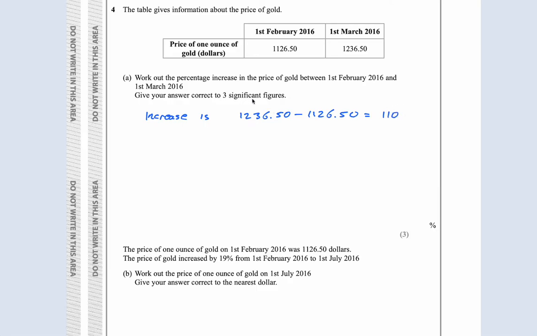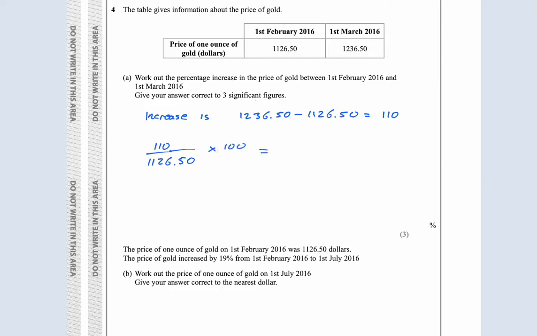But he wants the percentage increase. So I need to get this increase, this 110, divide it by the original, which is 1126.50. This was the original. Times it by 100.